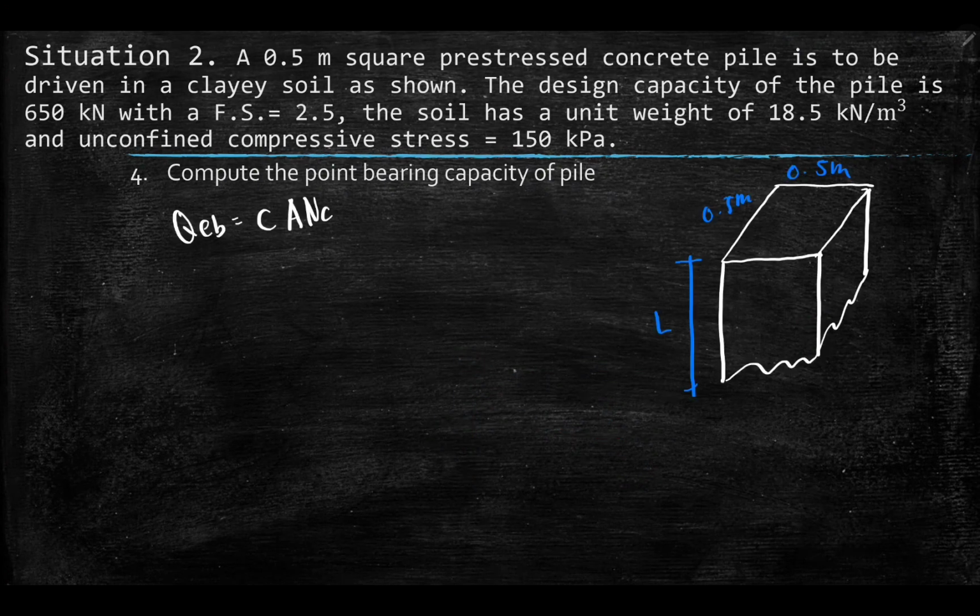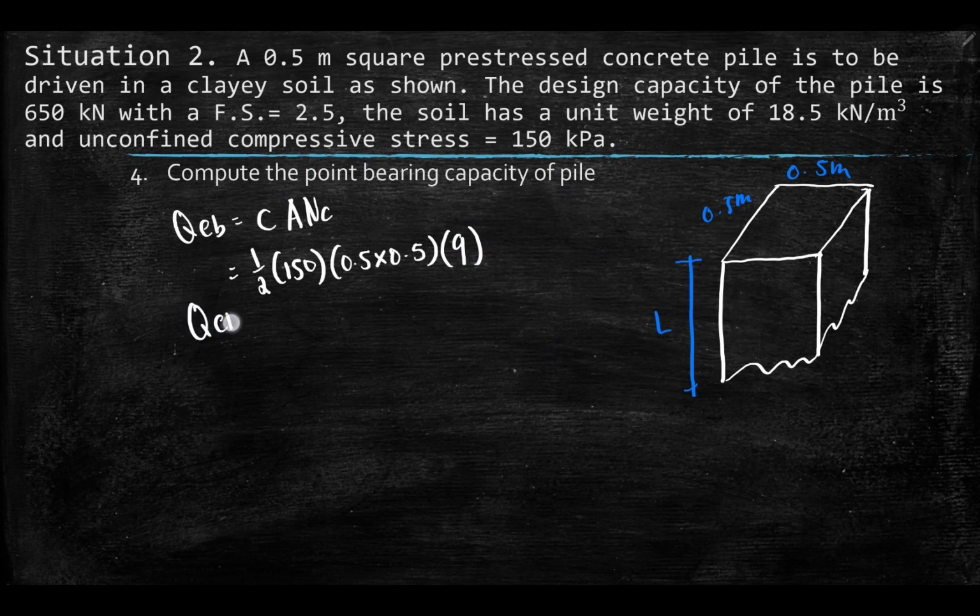So, solving for the end bearing capacity of the pile, we have 1/2 of QU, which is 150, times the area of the pile tip, which is 0.5 times 0.5. Since our N_c is not given, note that for clay soil, when no bearing capacity factor N_c is given, we use 9.